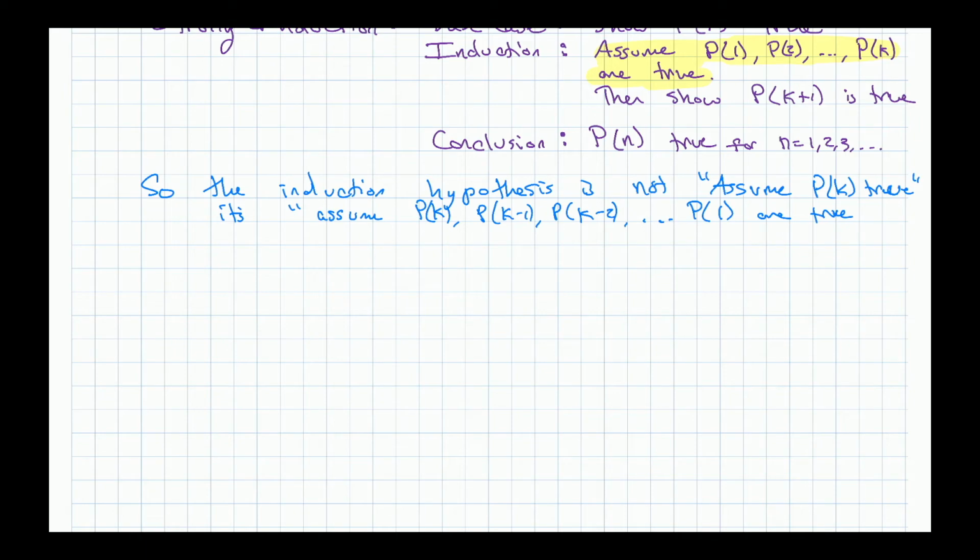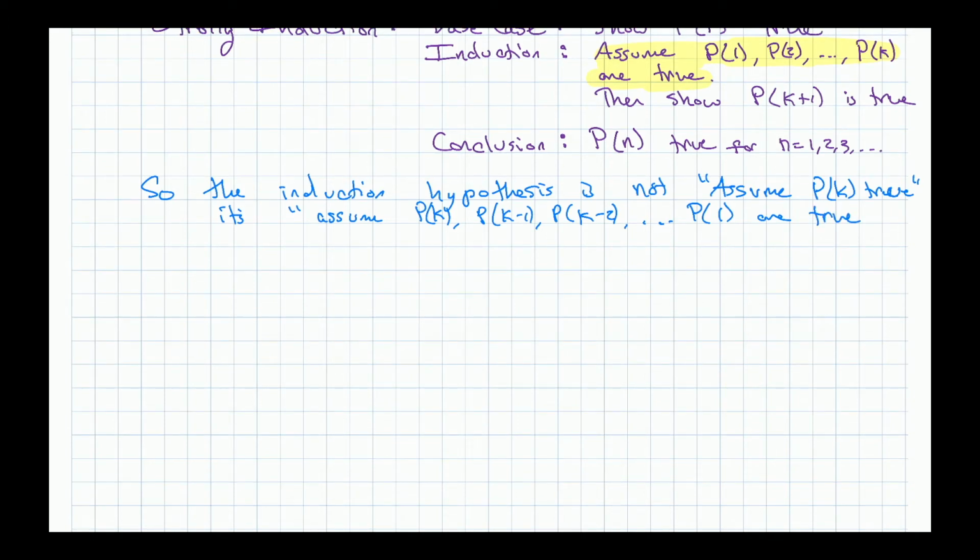I wrote that backwards there, but the assumption is P of k down to P of 1. Here I wrote it P of 1, and then counted up 1, 2, 3 up to k. Here I wrote it P of k and counted down. Of course, those are the same. That doesn't make a difference.